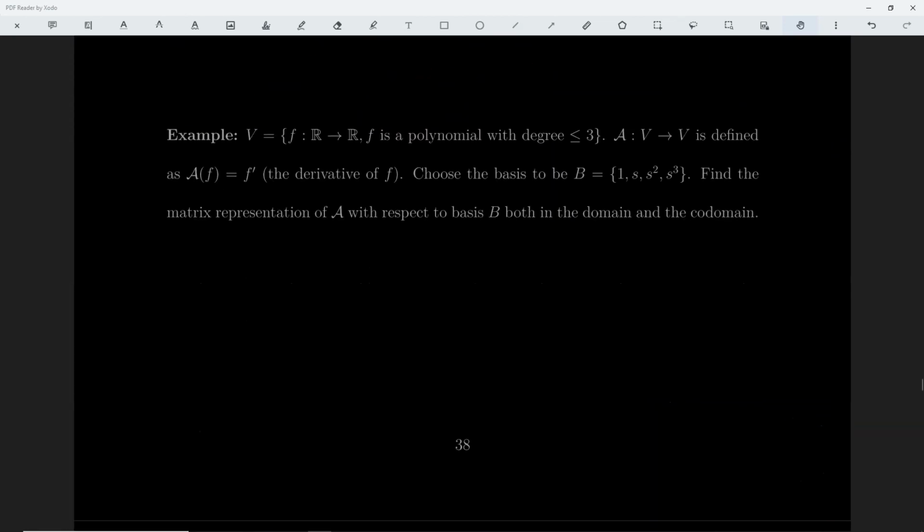If not, let's continue with another example. Okay. All right, so in our next example, V is given as the set of real functions getting real values, and f is a polynomial with degree less than or equal to 3.